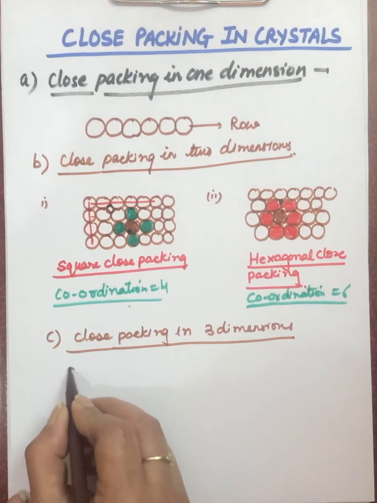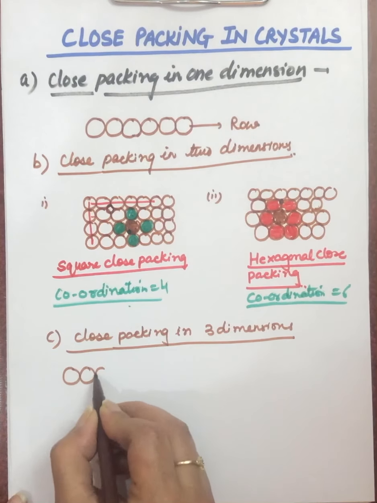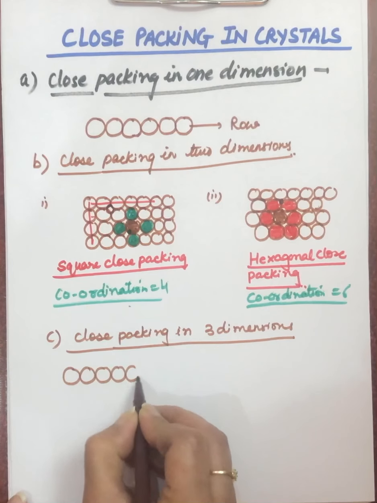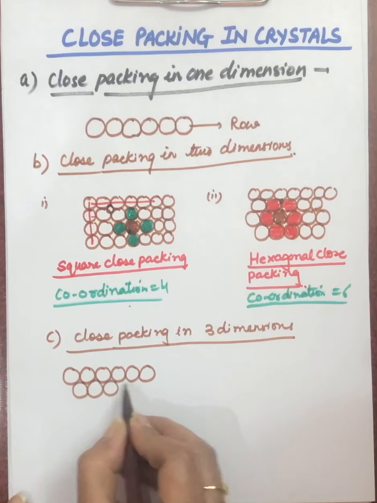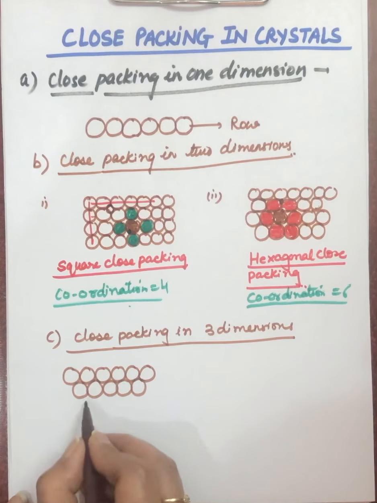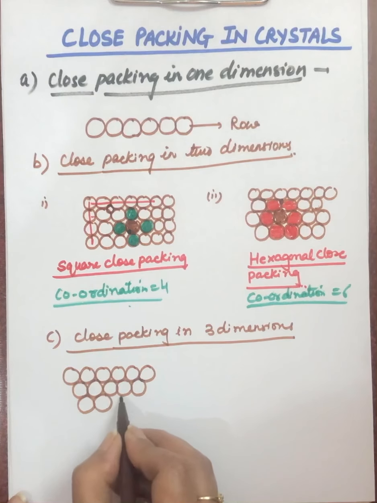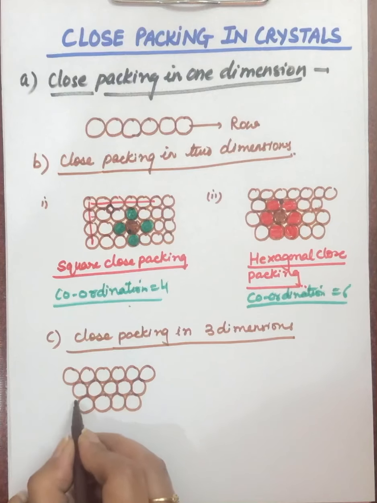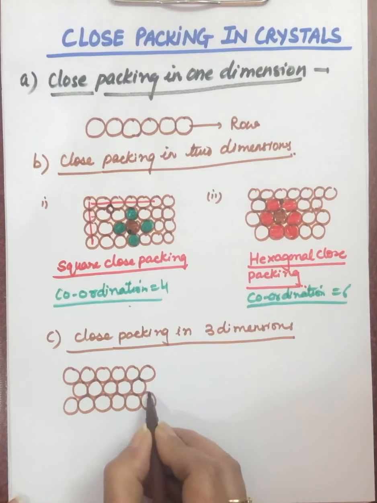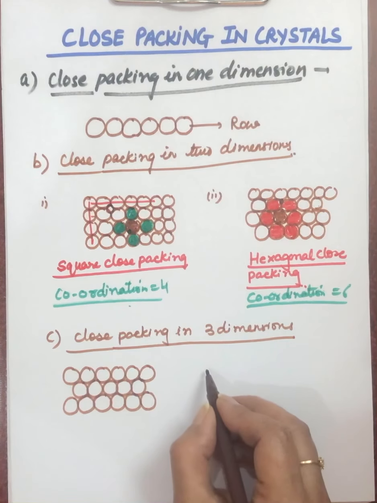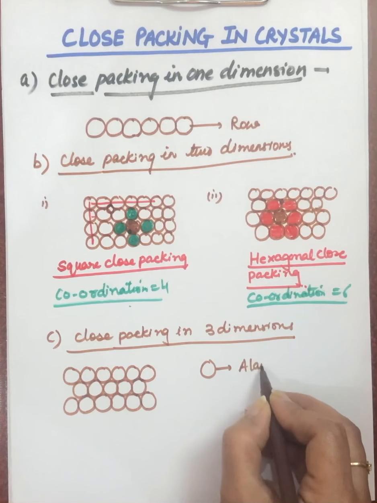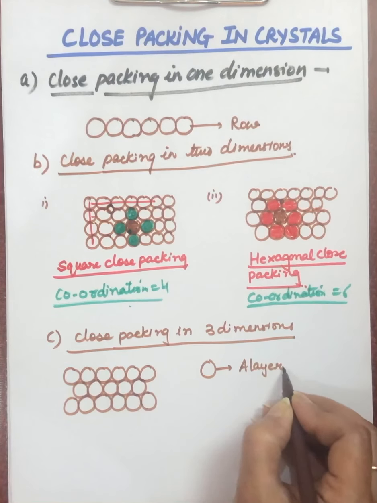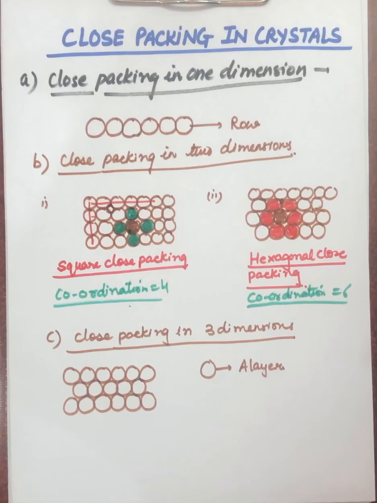So if we take the hexagonal close packing, suppose this layer that we have got, this is the first layer in two dimensions. In hexagonal close packing, this layer we are choosing as the first layer and I'm labeling this as A layer. The brown colored particles are of the first layer, labeled as A layer.